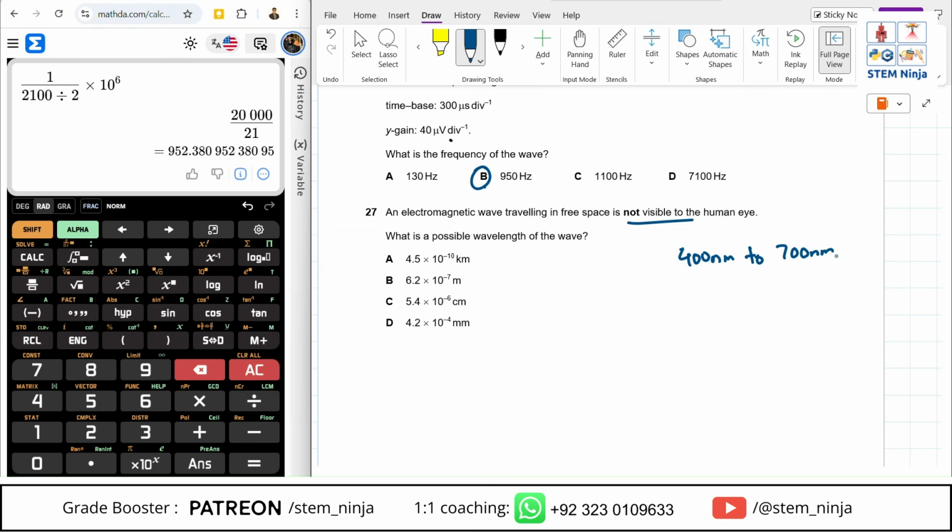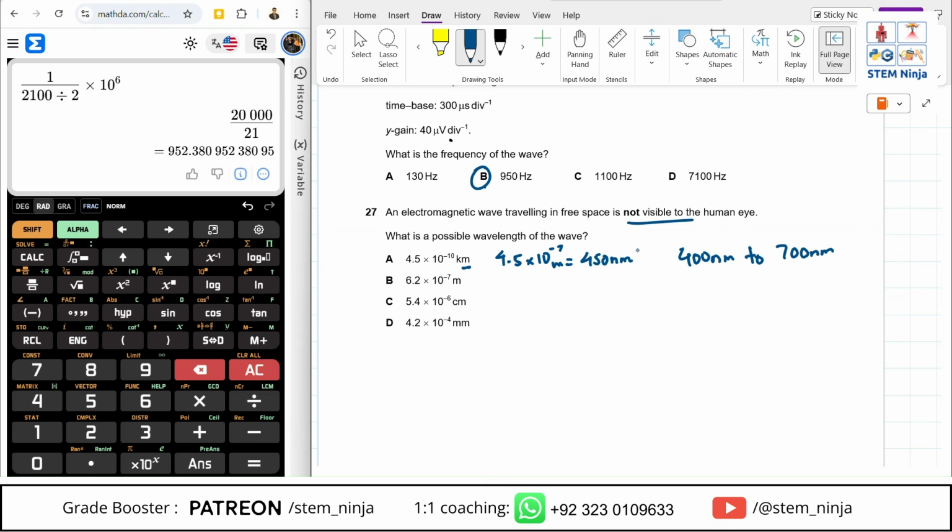Now, this is what we need to decode. So 4.5 times 10 raised to the power minus 10 kilometers. So in meters, this would be 4.5 times 10 raised to the power minus 10 plus 3, which is minus 7, which is 450 nanometers.